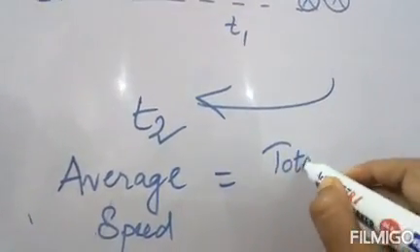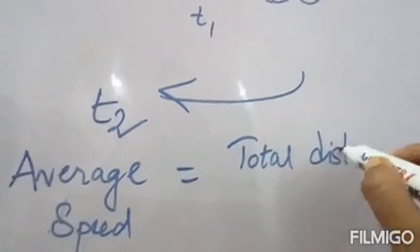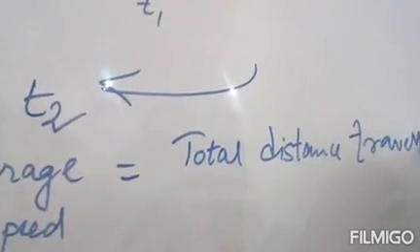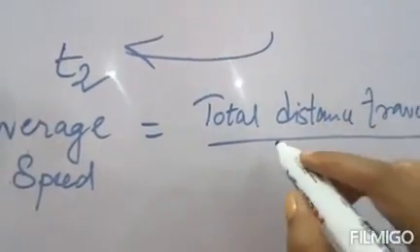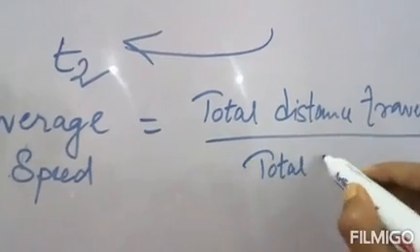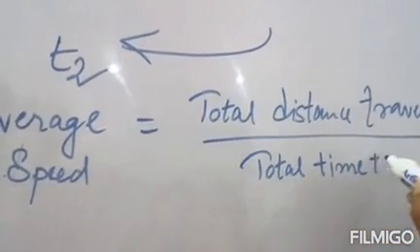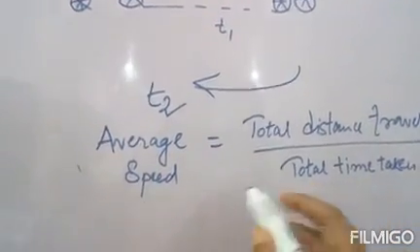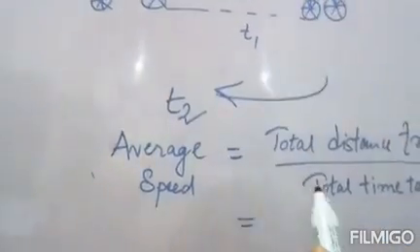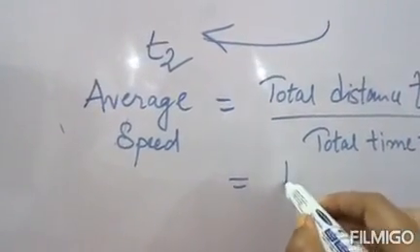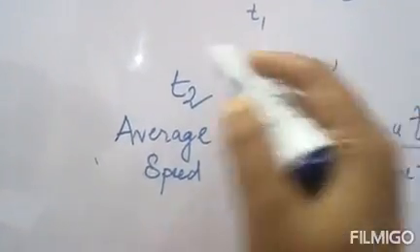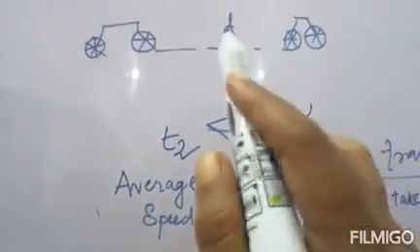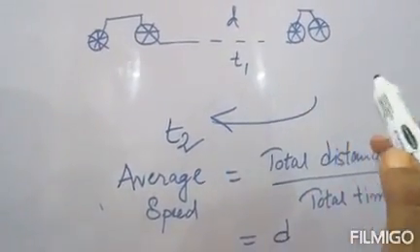Total distance traveled by total time taken. Now let d be the distance that you had traveled. The same distance you have covered while coming back home. Let us consider the route by which you went to school, the same route you have taken to come back also.